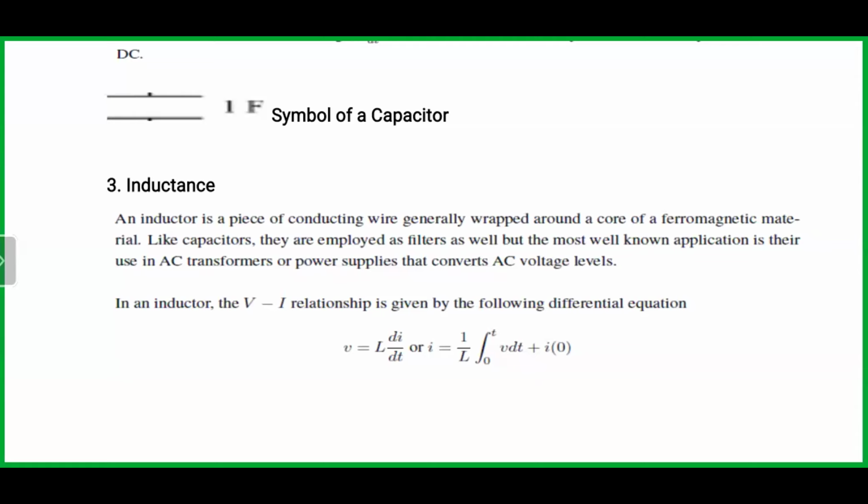Like capacitors, they are employed as filters as well, but the most well-known application is their use in AC transformers or power supplies that convert AC voltage levels.